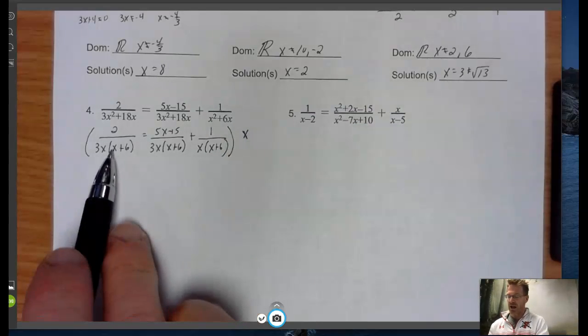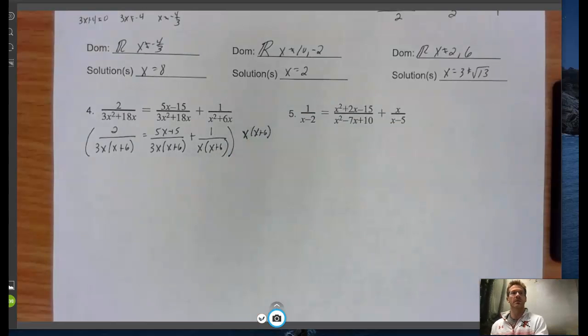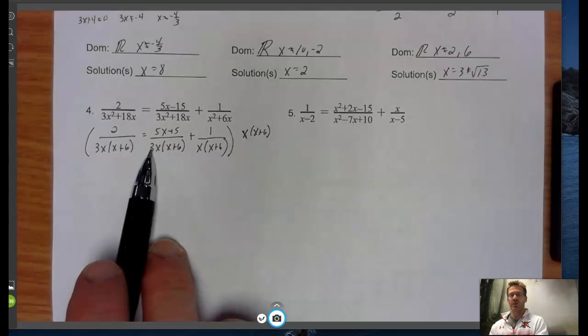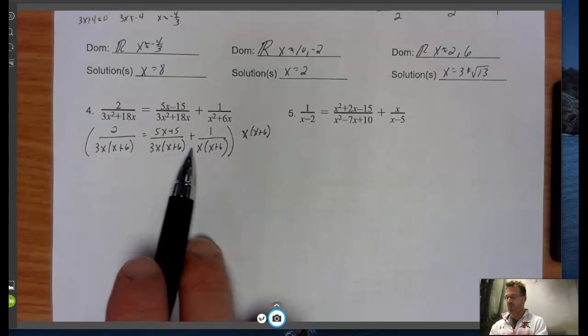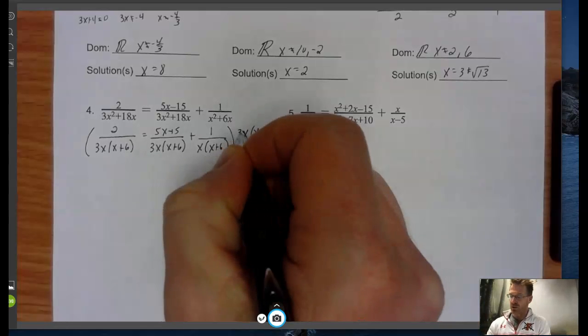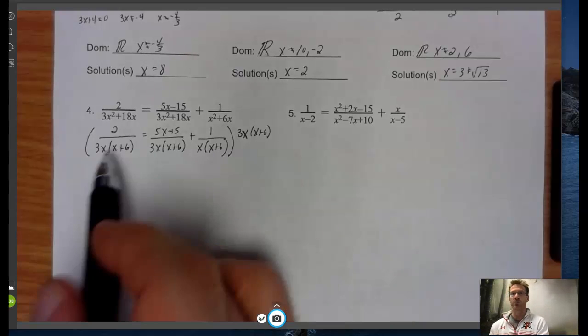I see x plus 6 is common to all of my denominators. Now, notice the 3 is in this denominator, so I would need to multiply by 3 as well because I would want it to eventually be in that denominator. And so there's my least common denominator, 3x times x plus 6. That's what I'm going to multiply through by.